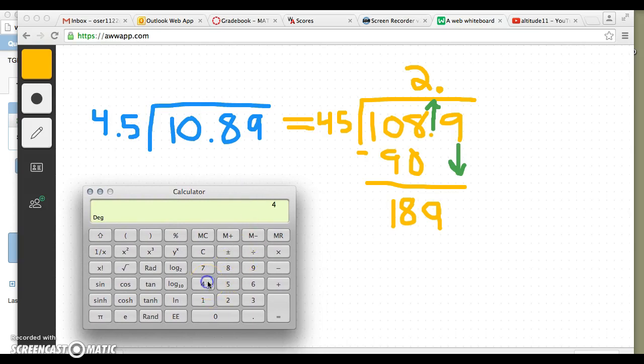Let's check 45 times 4. So that's 180, even closer to 189. Now, if we added another 45 to 180, we would be clearly over 189. So we want to do 45 times 4. I just want to double check. 45 times 4 is 180.